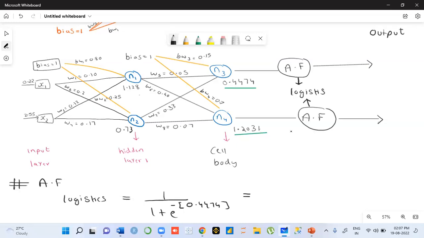How much? Can you do it for the second case? Same way do for C2 also, guys.